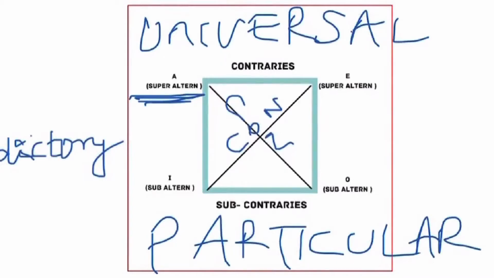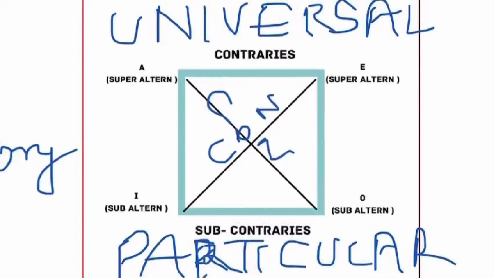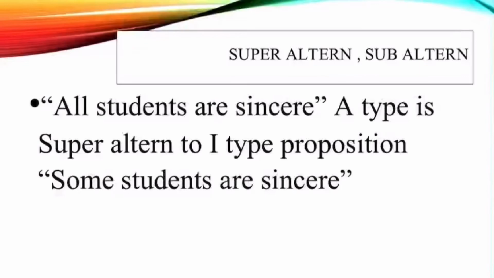This superalternation is the universal proposition from which a subalternation can be inferred. Particular can be inferred from the universal. This subaltern is true if the superaltern is true, and if the superaltern is false, then the subaltern is also false.